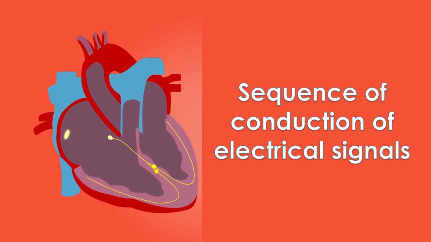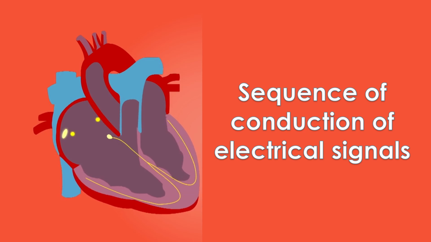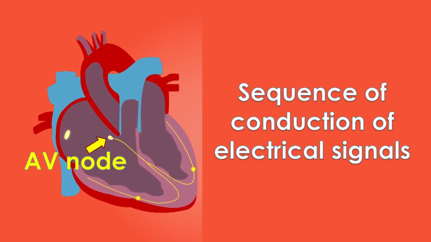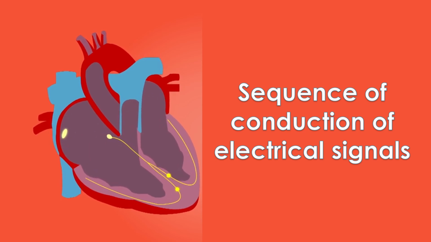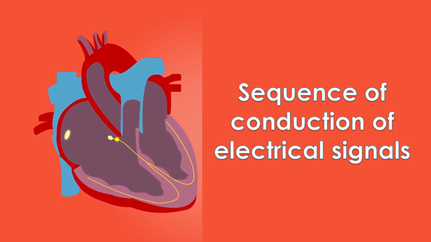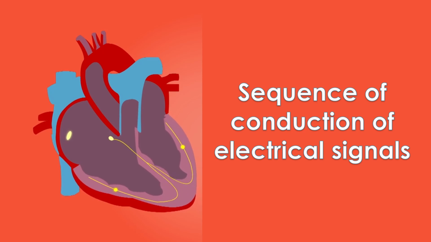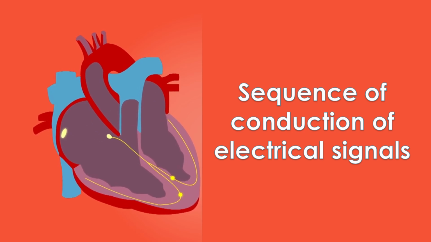Most of it is due to a delay produced in the atrioventricular or AV node at the junction between the upper and lower chambers. The delay allows the complete emptying of the upper chambers before the lower chambers start contracting.